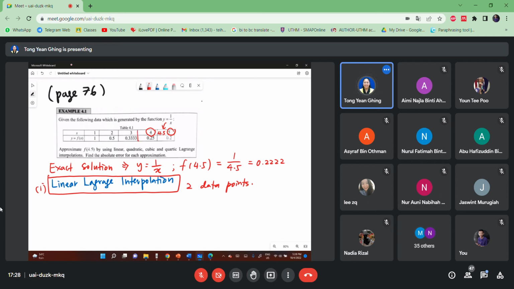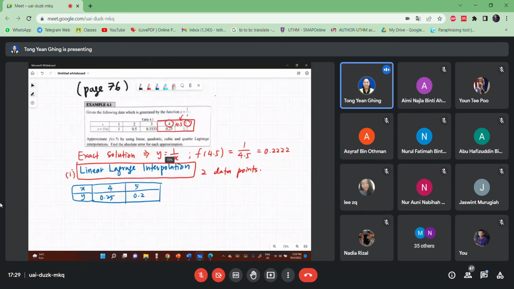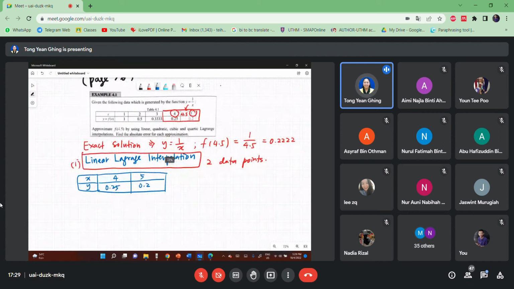Only these two data points will be used. So I will write 4, 0.25, and then 5, 0.2. This is the x, this is the y, where n equals 1.